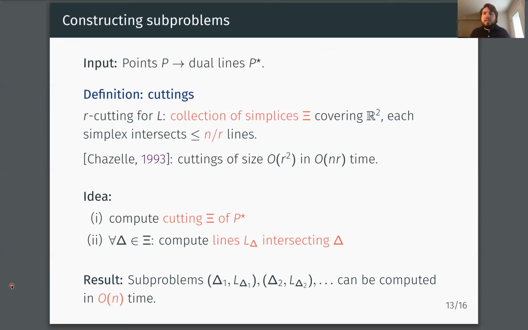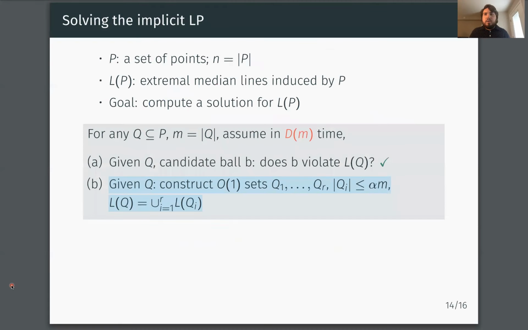So we can construct these subproblems delta 1, L delta 1, delta 2, L delta 2, and so on. And we can compute this in linear time by computing a cutting where the value of R is a sufficiently large constant. So going back to our framework again, it turns out that we can actually do part B in linear time.